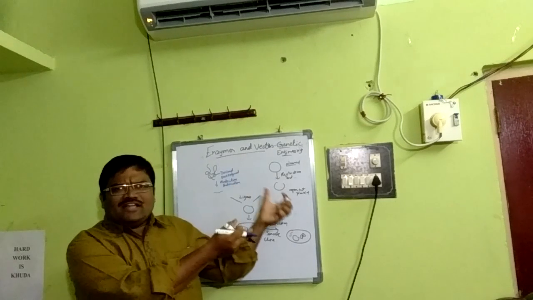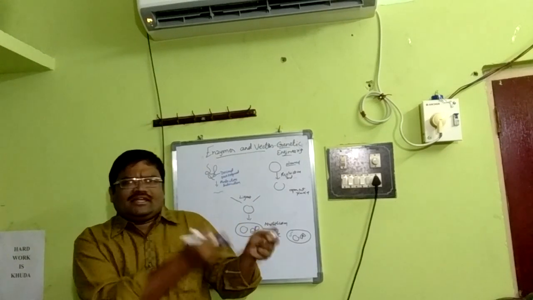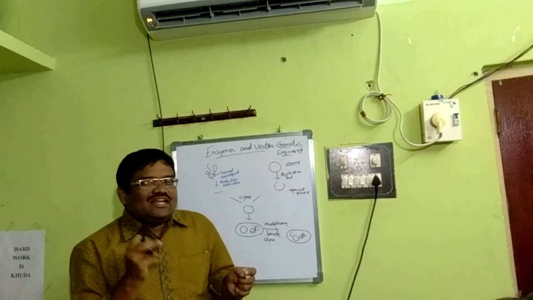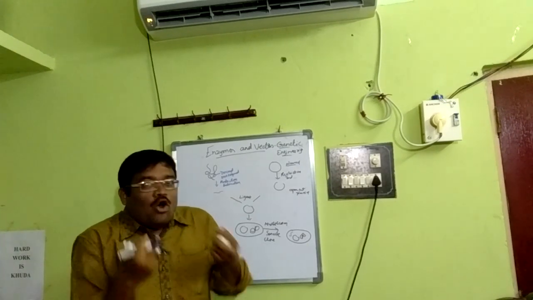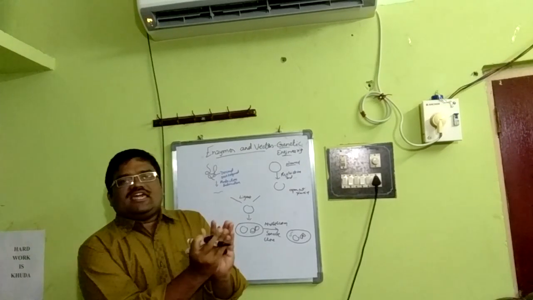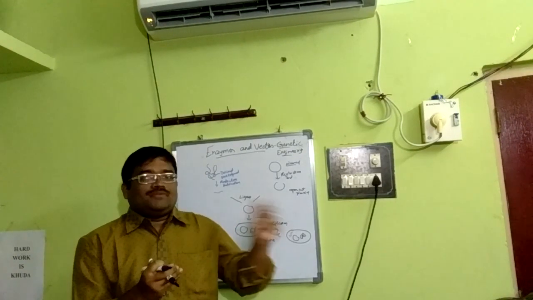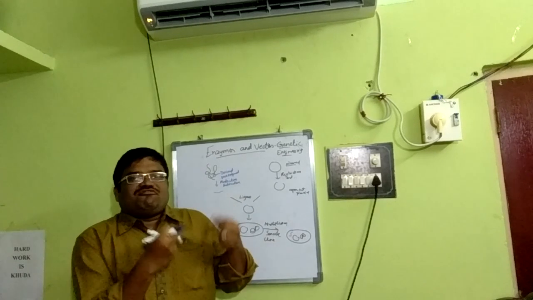I generate a particular DNA from a source, then we identify our desired DNA fragment, which is nothing but a gene of interest, and cut it with restriction endonucleases. Then identify the clone, a plasmid, which is used as a vector.